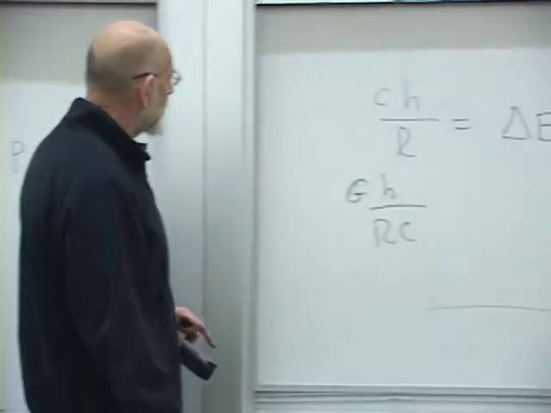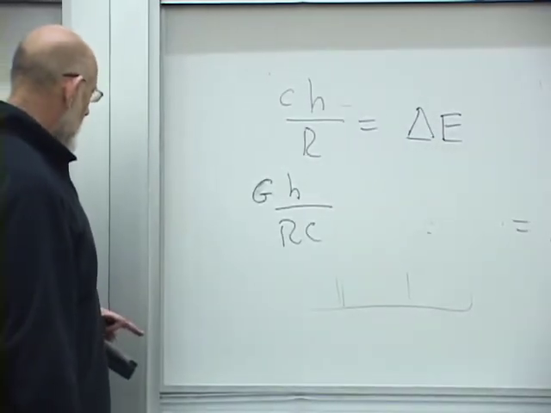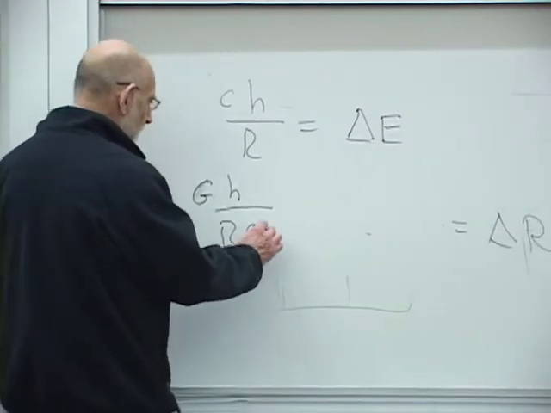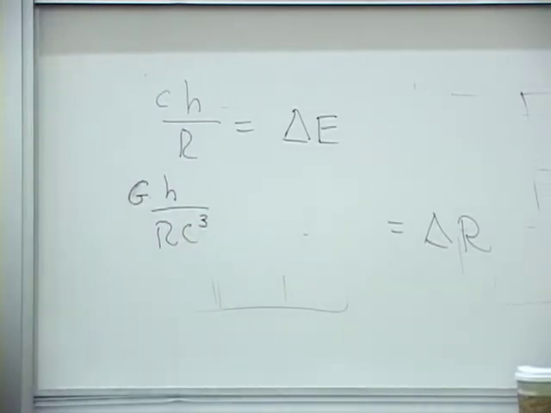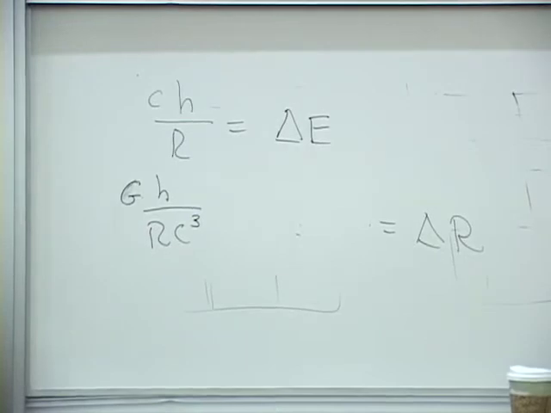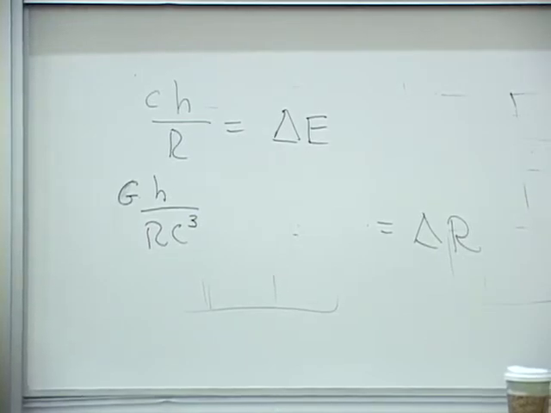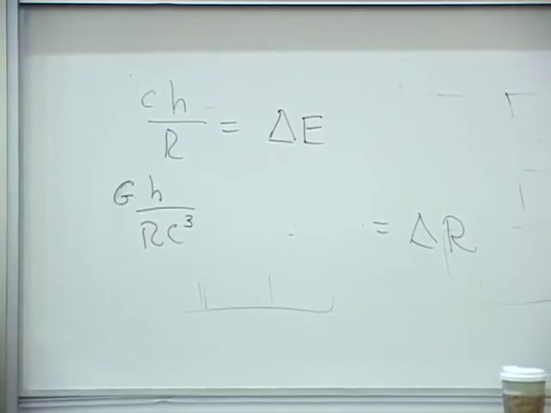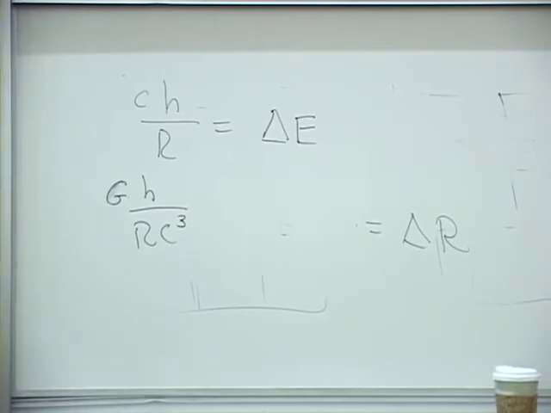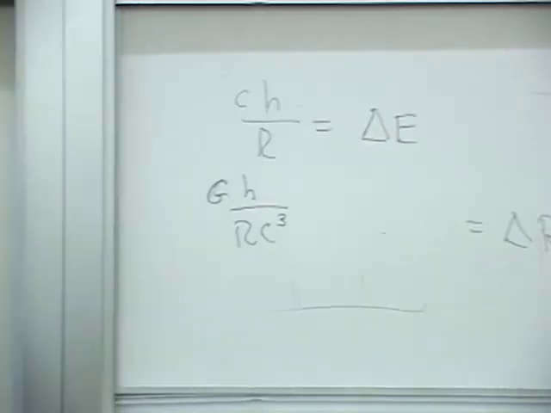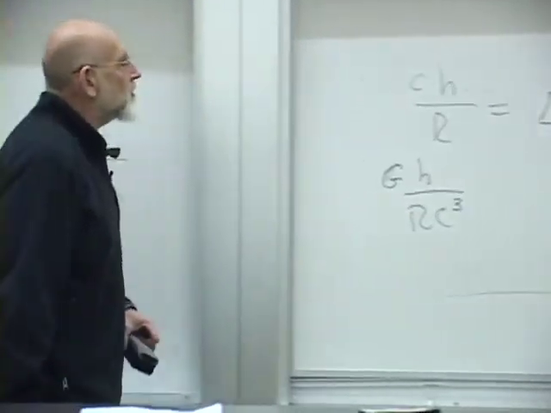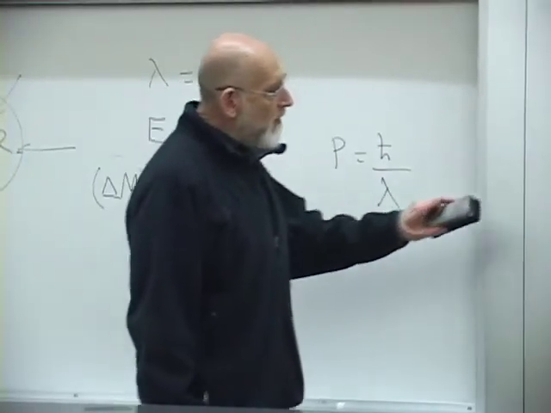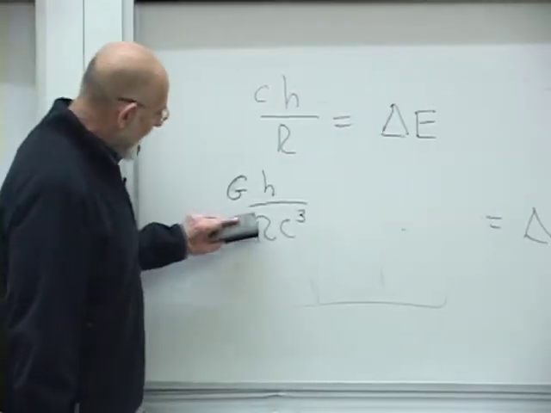That's where it went. So I think this should be by now c cubed, if I'm not mistaken. Don't set c equal to 1 in part of the thing and not the other part. Yeah, I think it's gh over rc cubed. That's the change in radius. Now multiply by the radius.